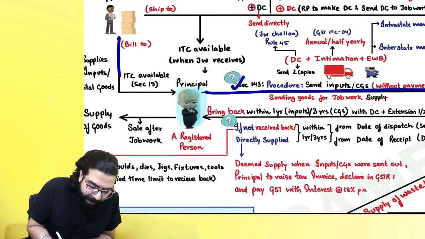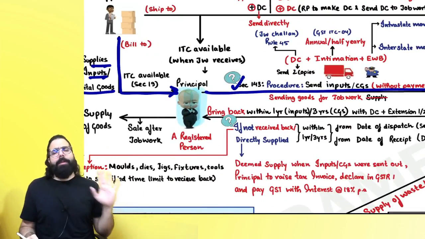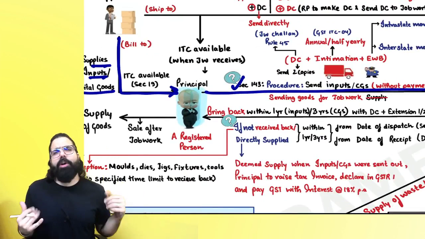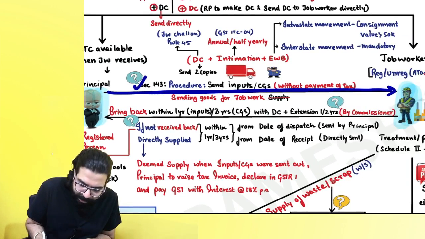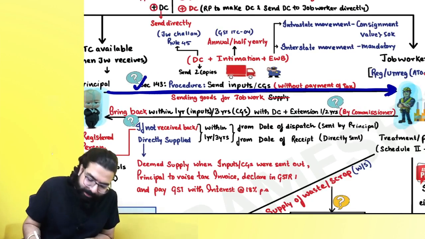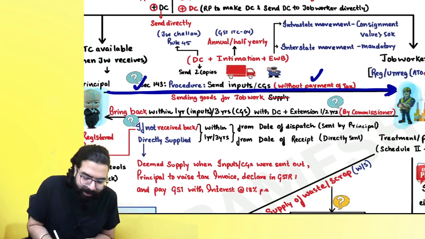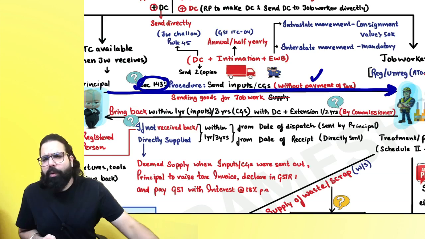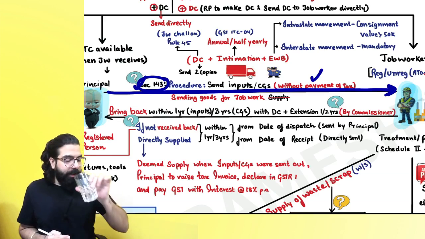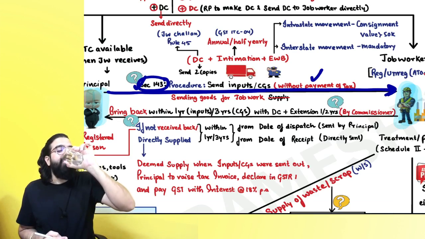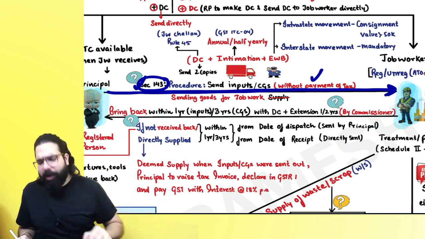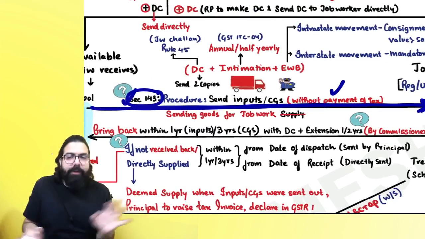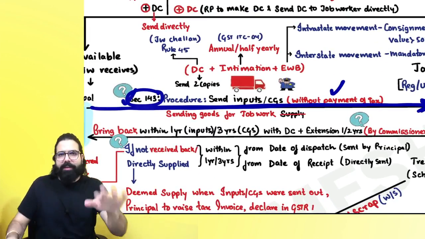He will buy the inputs and capital goods. The principal bought the inputs or the capital goods and sent them to the job worker. He can send them without payment of any tax; he just has to follow the section 143 procedure.